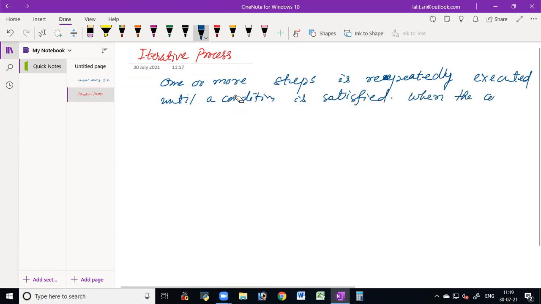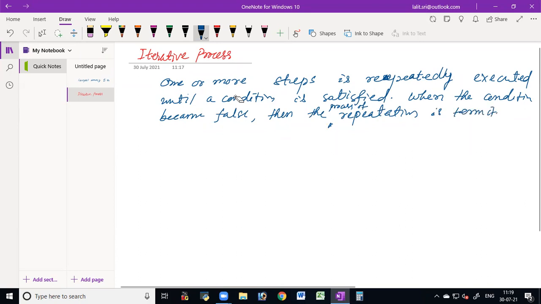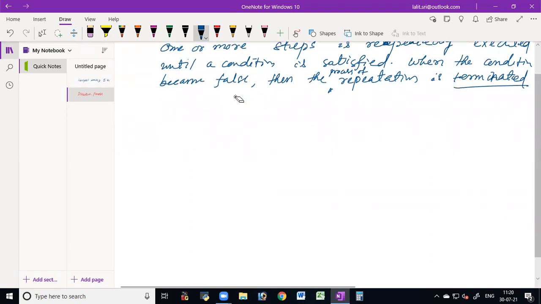When the condition becomes false, then the process of repetition is terminated, or you can write stop. Clear?